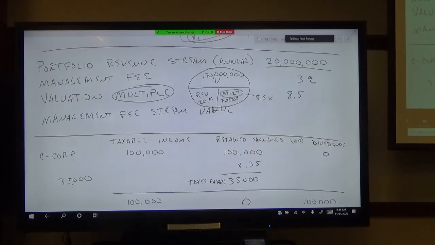The more complicated, the more unique, the more difficult it is to replicate an existing business, the higher that multiple will be.